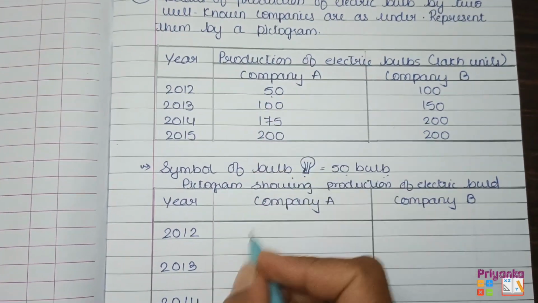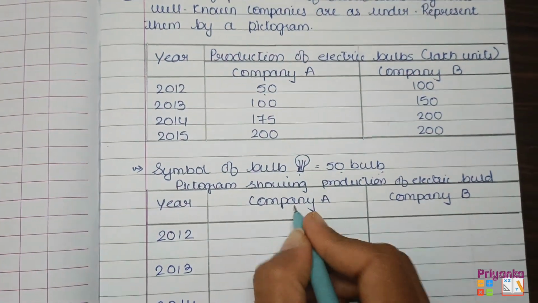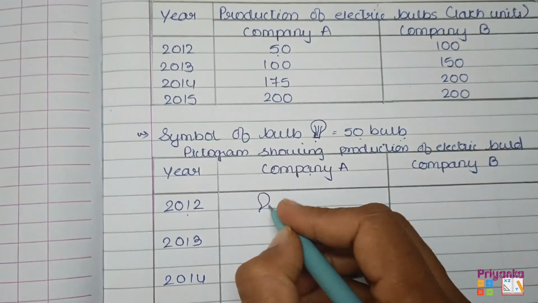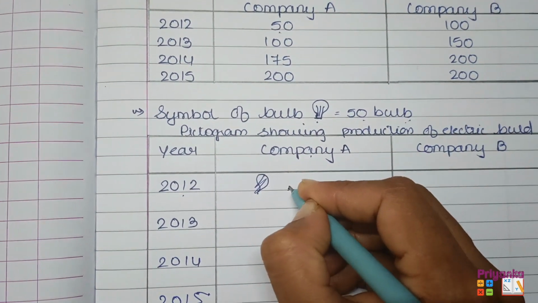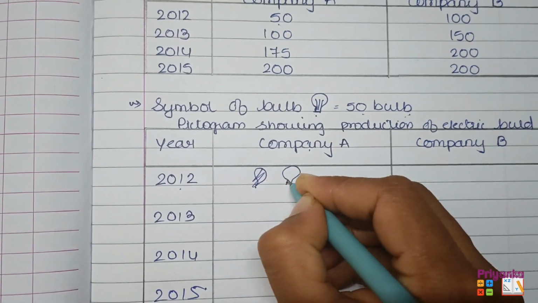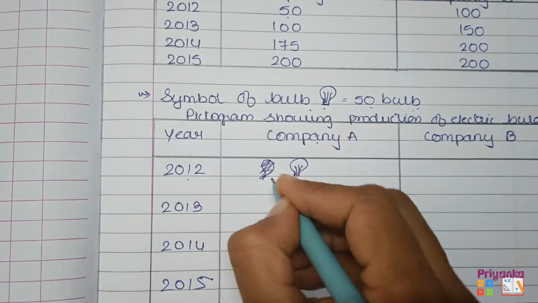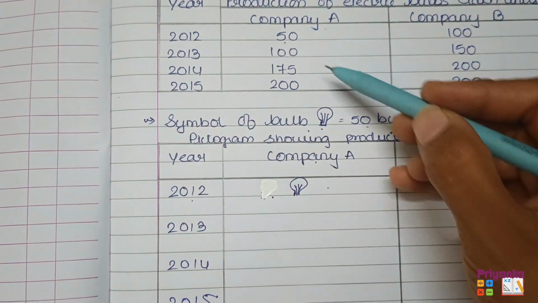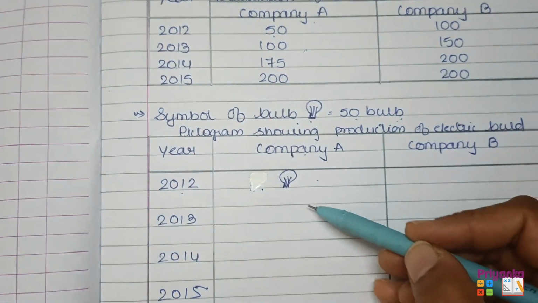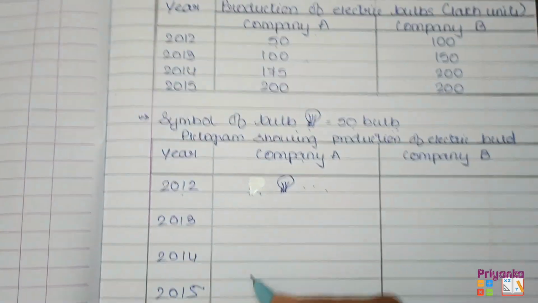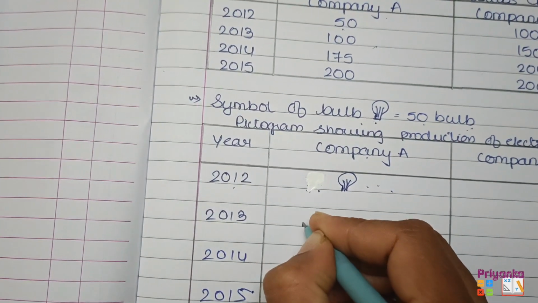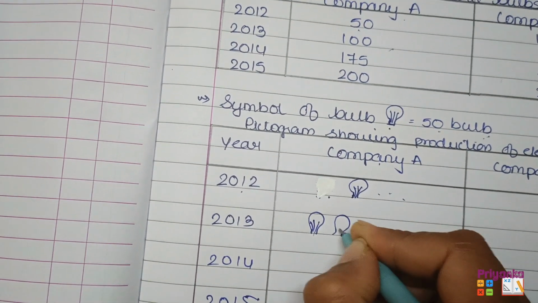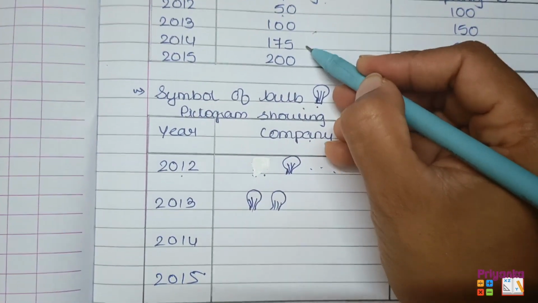So here 50 for the company A. For the company A for 2012, I am going to make only one bulb to show the 50. Sorry, it doesn't look like a bulb. Here for the 50 bulbs, I showed one bulb as 50. Next is the 100. So obviously we'll make 2 bulbs, 50-50, so it would be 100. Next is 175.